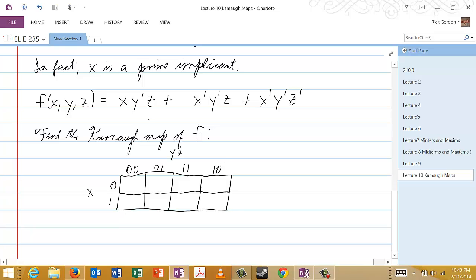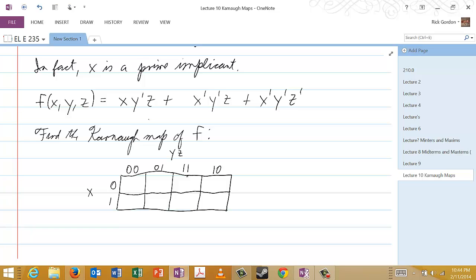That is always true in any of our Karnaugh maps, not just 3-variable Karnaugh maps, but even in 2-variable or 4-variable Karnaugh maps. We're going to look at Karnaugh maps in all of those cases, and in each case the top and bottom edges should be thought of as being connected, and so should be the right edge and the left edge.